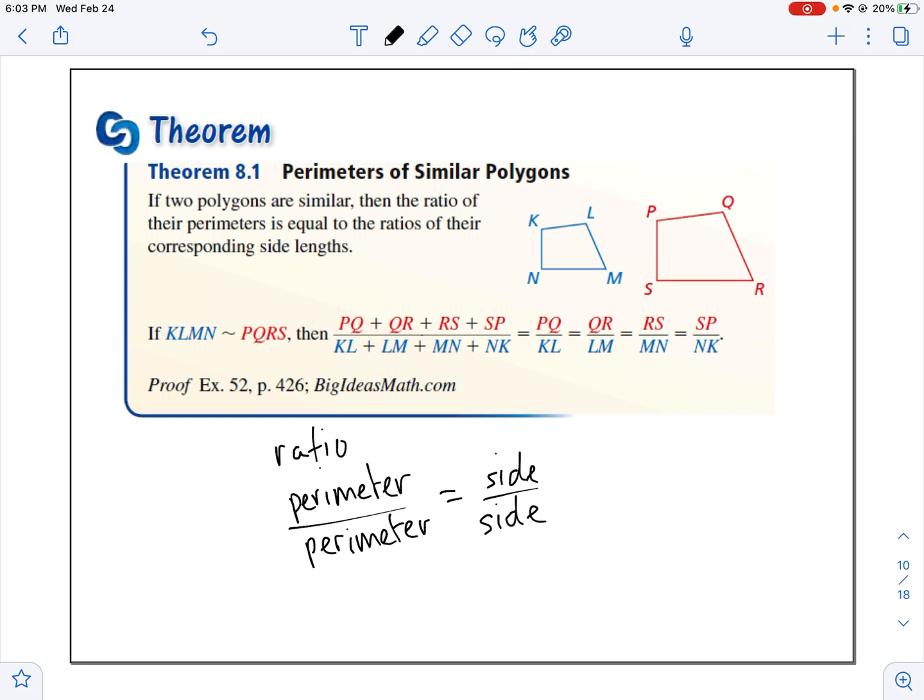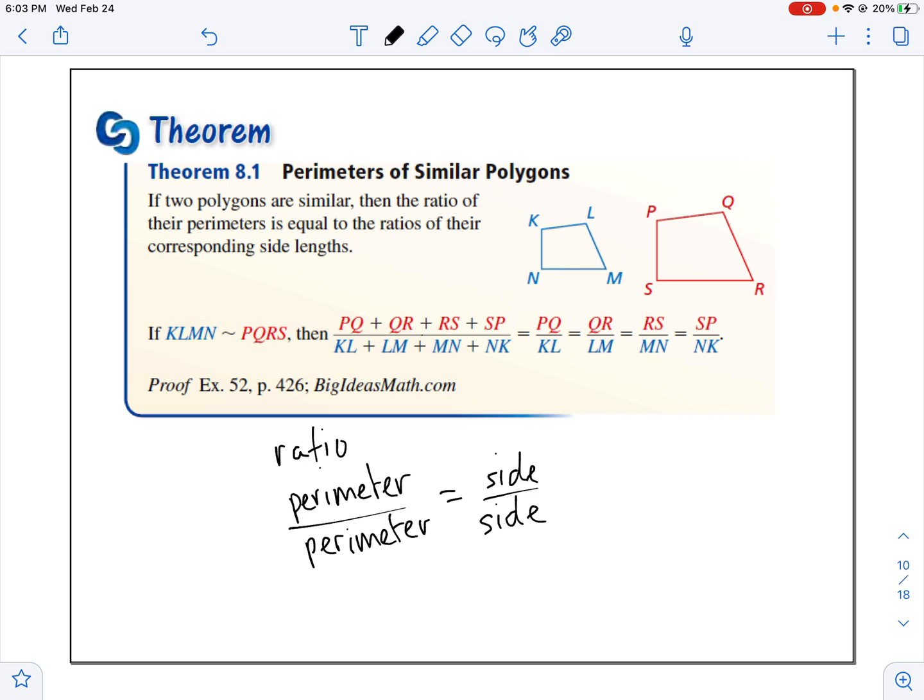So if we know the perimeters, we can find the sides. If we know the sides, we can find the perimeters. Or if we know two of the sides and a perimeter, we can find the other perimeter.